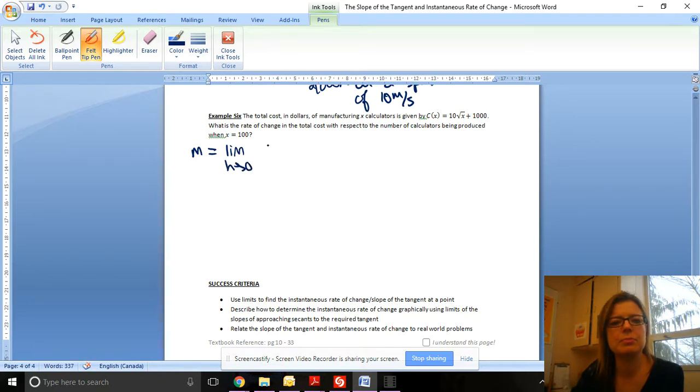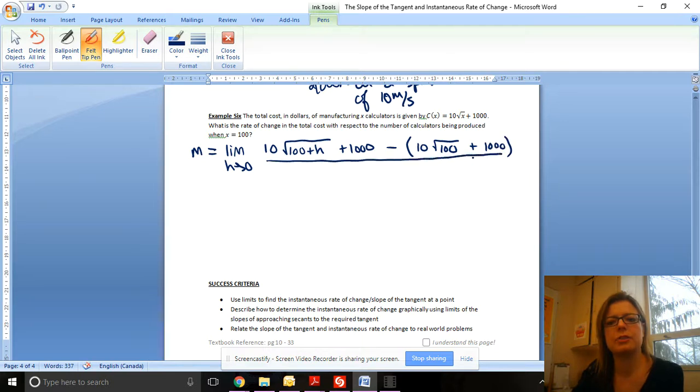So we just do our rate of change formula that we've been doing. So the limit as h approaches 0 of 10, and then we take root 100 plus h plus 1,000. And then subtract, what do you get? So 10 root 100 plus 1,000. Okay, and then divide it all by h. Okay, so you get the limit as h approaches 0 of 10.